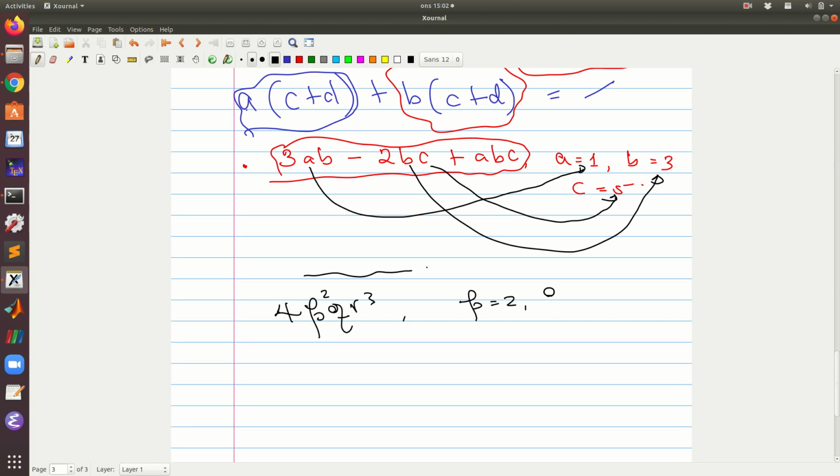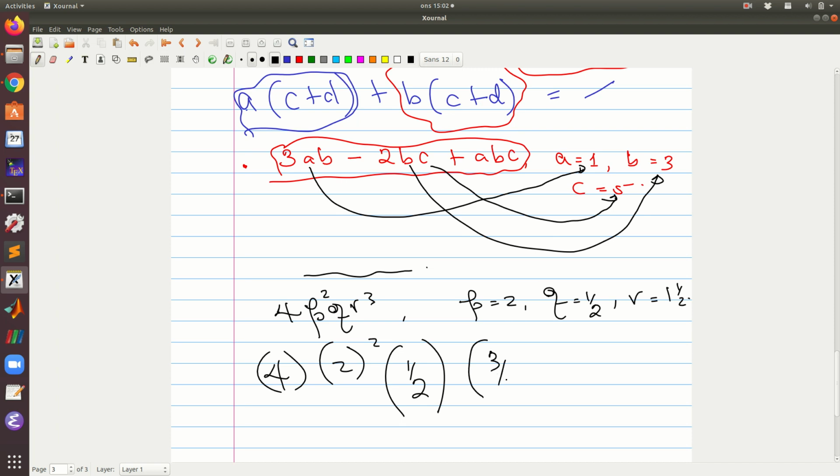P is 2, q is 1/2, and r is 1 and 1/2. So it's just the same thing. You just substitute in here. What's the value of p? The value of p is 2, then you square it. What is the value of q? It is 1/2. And what's the value of r? It is 1 and 1/2, which is the same as 3/2, and then we cube it, and then we get the result.